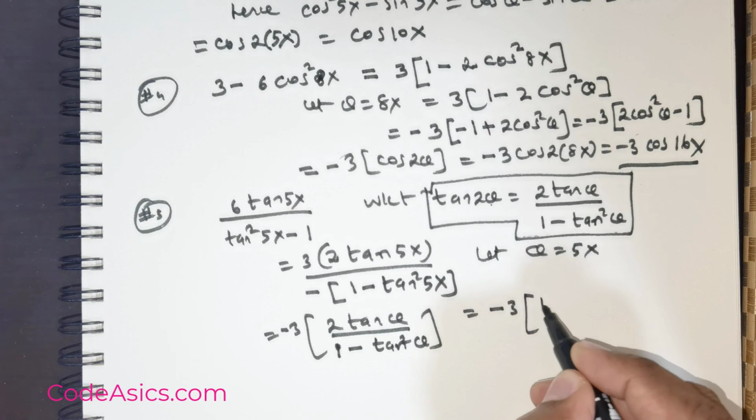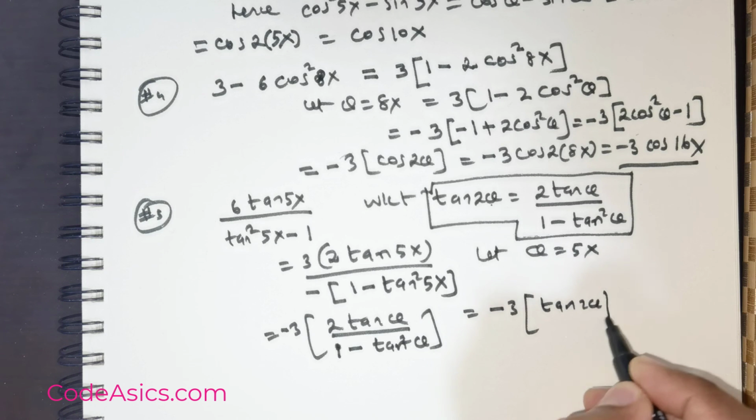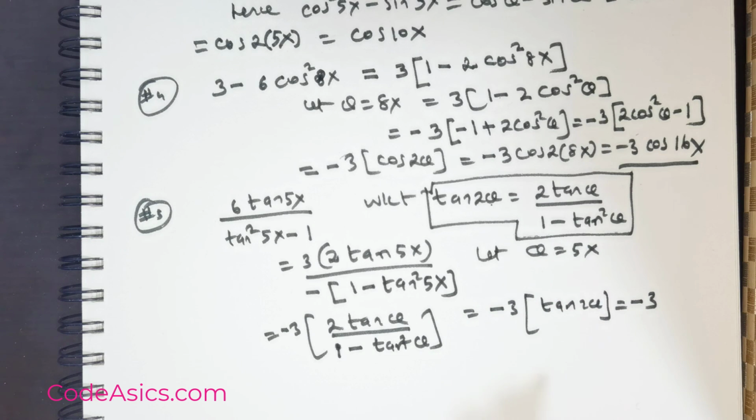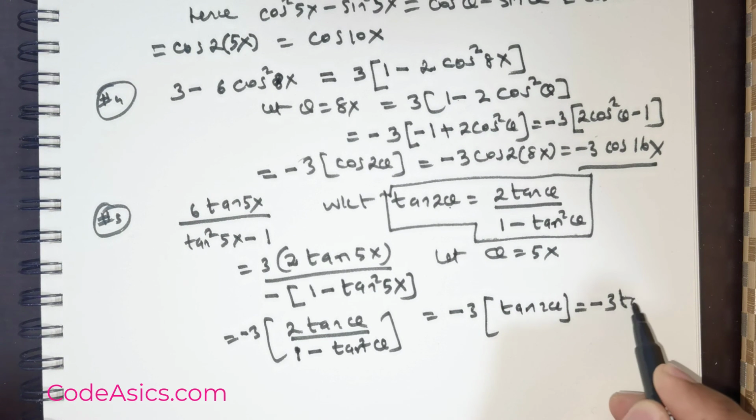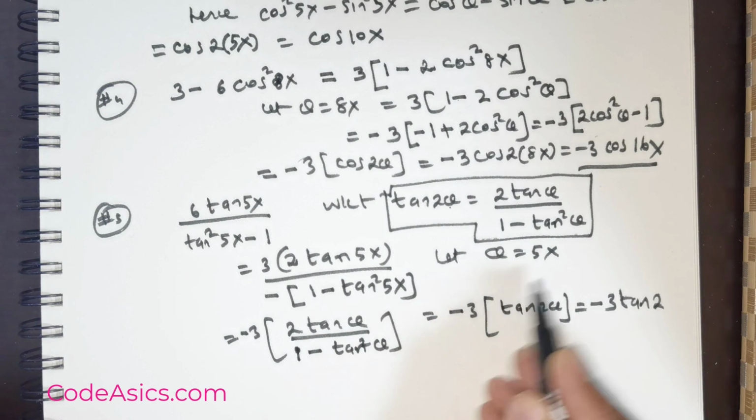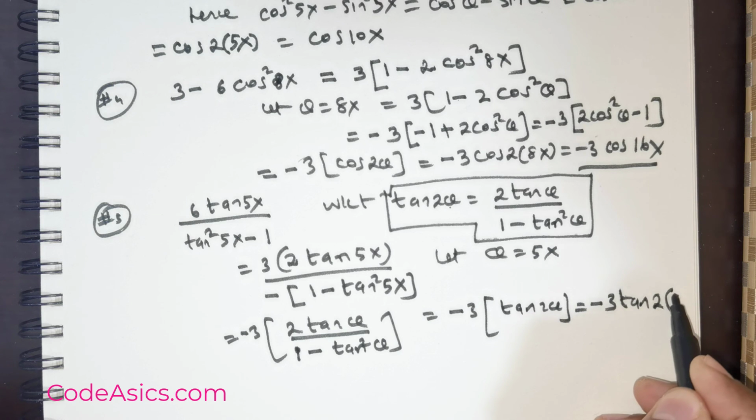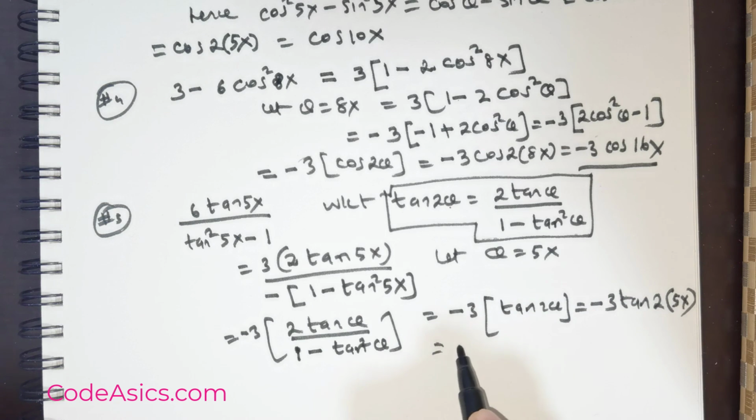So this is going to be negative 3 times tan 2 theta. My theta is 5x, so place that 5x there, which is equal to negative 3 times tan 10x. So that is the solution for this question.